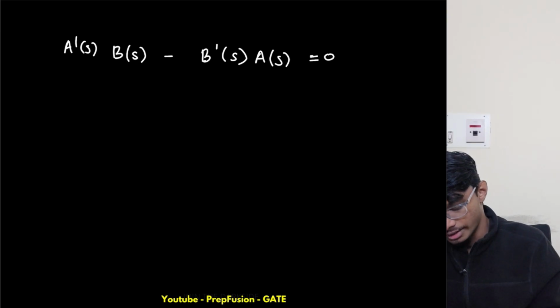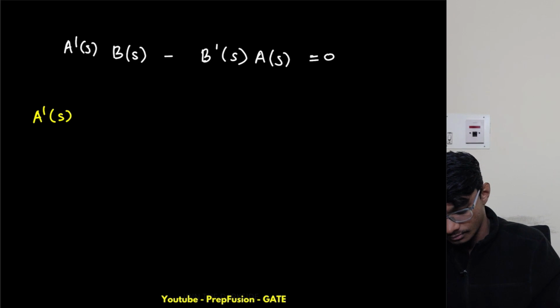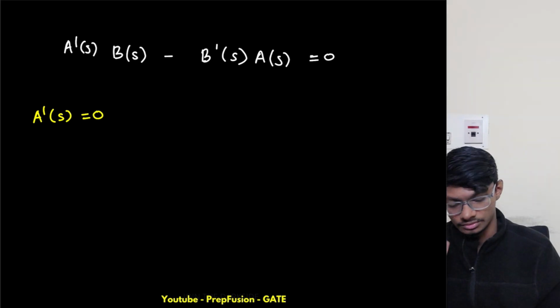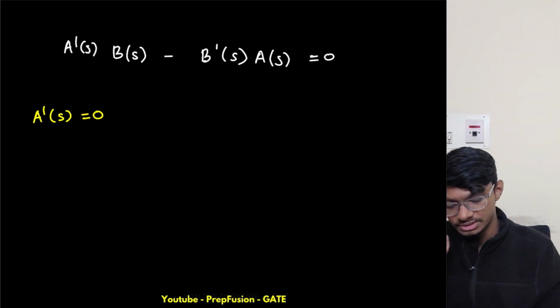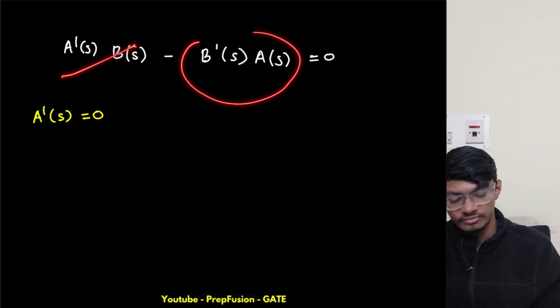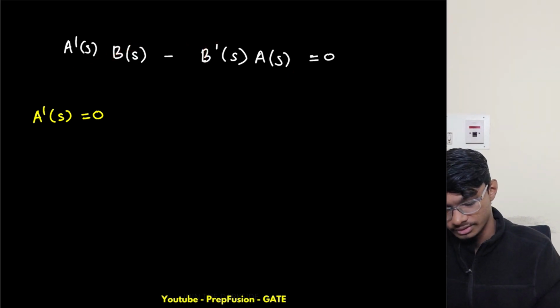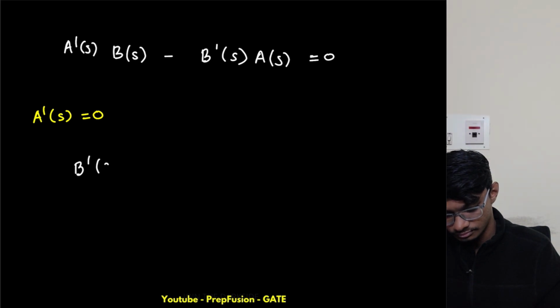Now I know that my A'(s) will be 0. So if my A'(s) is 0, then what does that mean? That means this is gone, and I am left with only this one. So from here what I can write is B'(s) into A'(s) equals 0 itself.